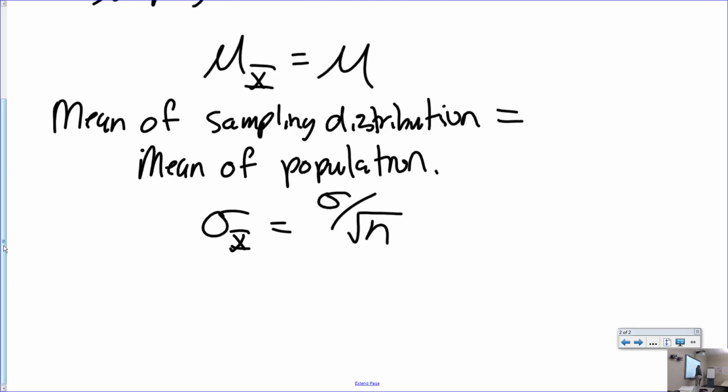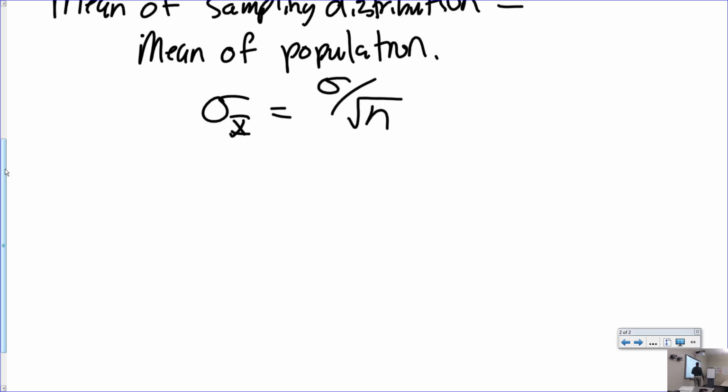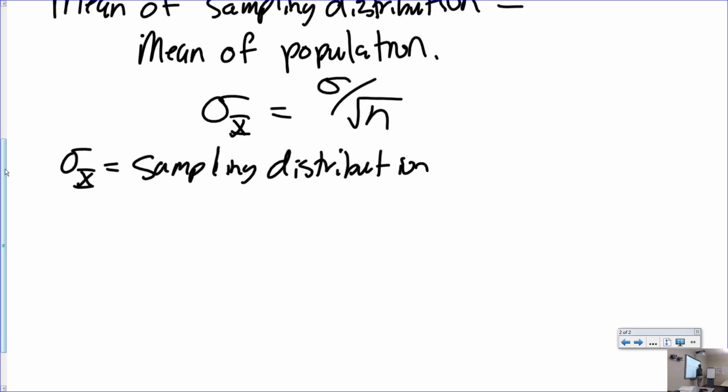Then the other one would be the standard deviation of the population, yes. So sigma with a little x is the sampling distribution standard deviation.